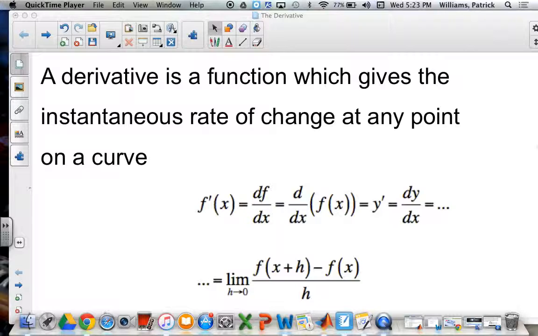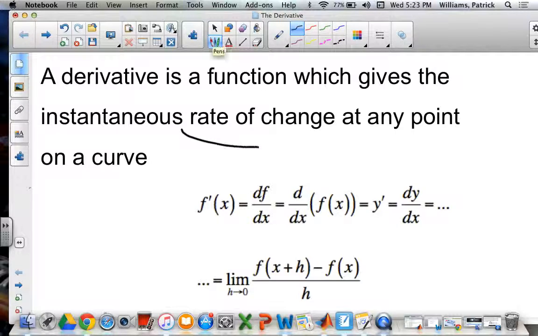So again, remember that when we're talking about rates of change, we're really talking about slope. Okay, and what we found out in the last couple videos was that instantaneous rate of change means instantaneous slope, which we know as the slope of the tangent line to a curve at a specific point.